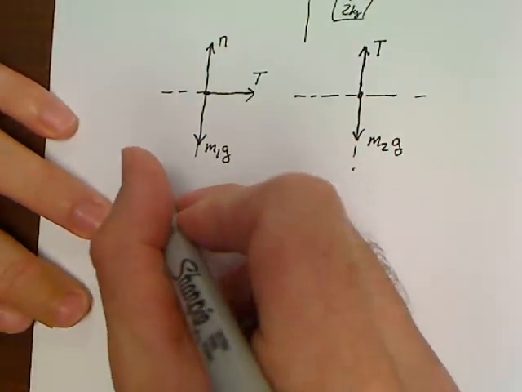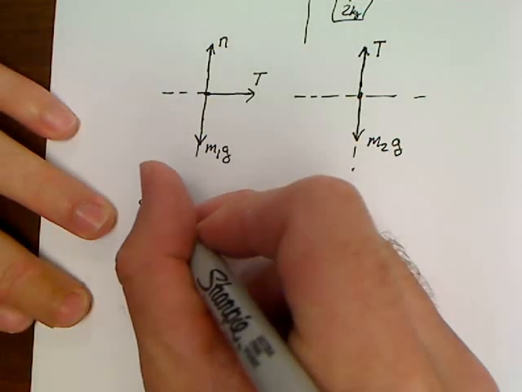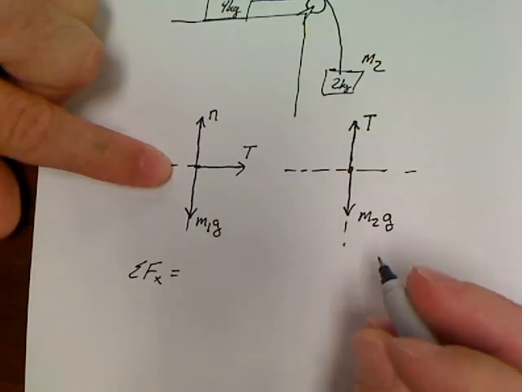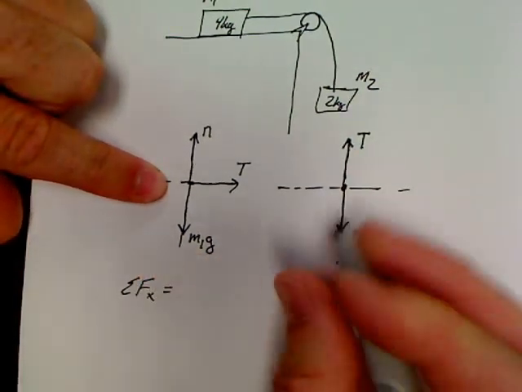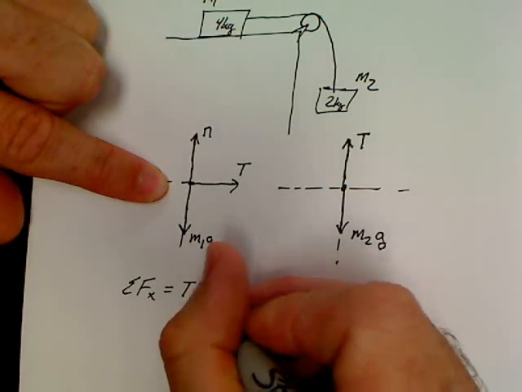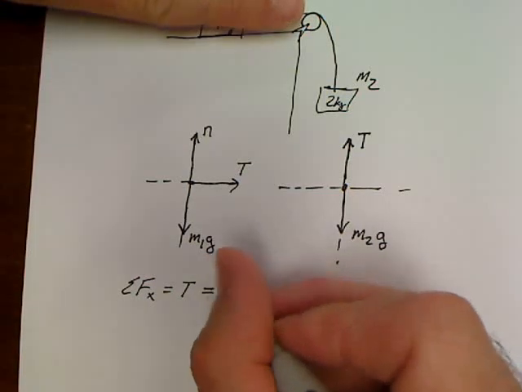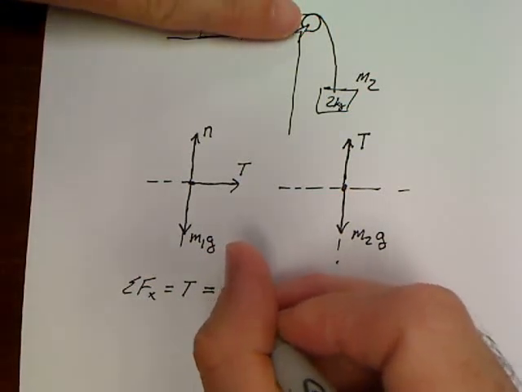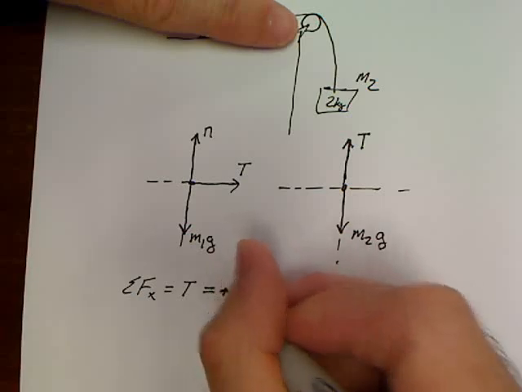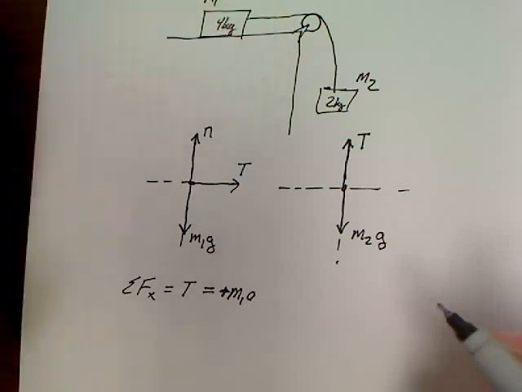Sum of the forces X: the only X you have is tension, so there's minus nothing, equals, in this problem it's moving to the right, so equals positive M1A.